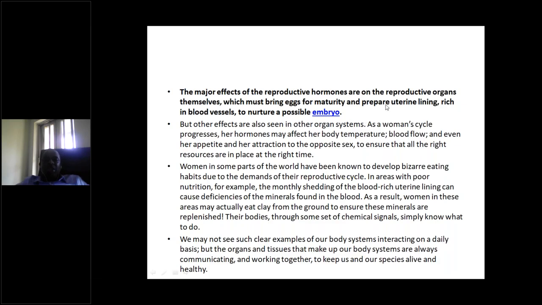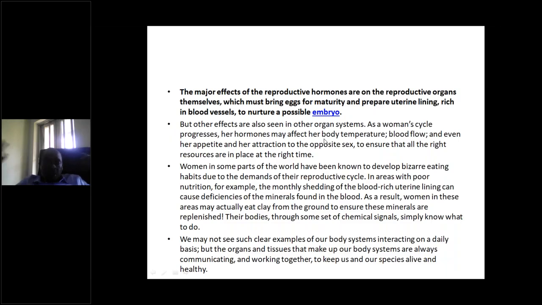They nurture it. There are the uterine linings, rich in blood vessels, and that's where you have all the supplies. Now, another important thing you need to take note of is that other effects are also seen in other systems. As a woman's cycle progresses, her hormones may affect her body temperature.